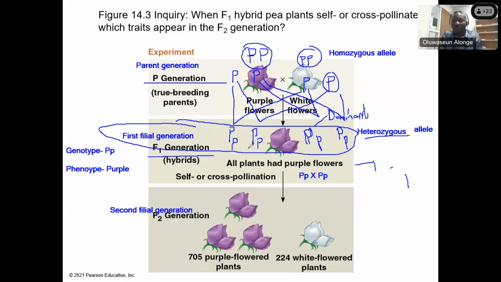We say they are heterozygous purple to differentiate that they are not the actual pure purple. Now, if you pick two of these guys and cross them, let's say one of them is fertilizing the other one, which is what we have here. So two members of the F1 generation, if you cross them again, what you are going to have is this. Let's do this just to let you see what it looks like.